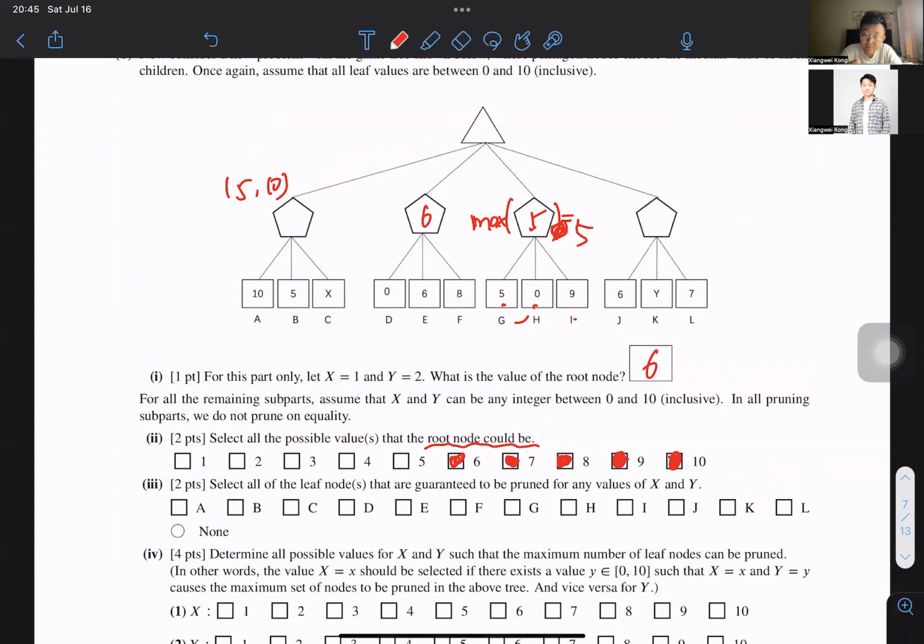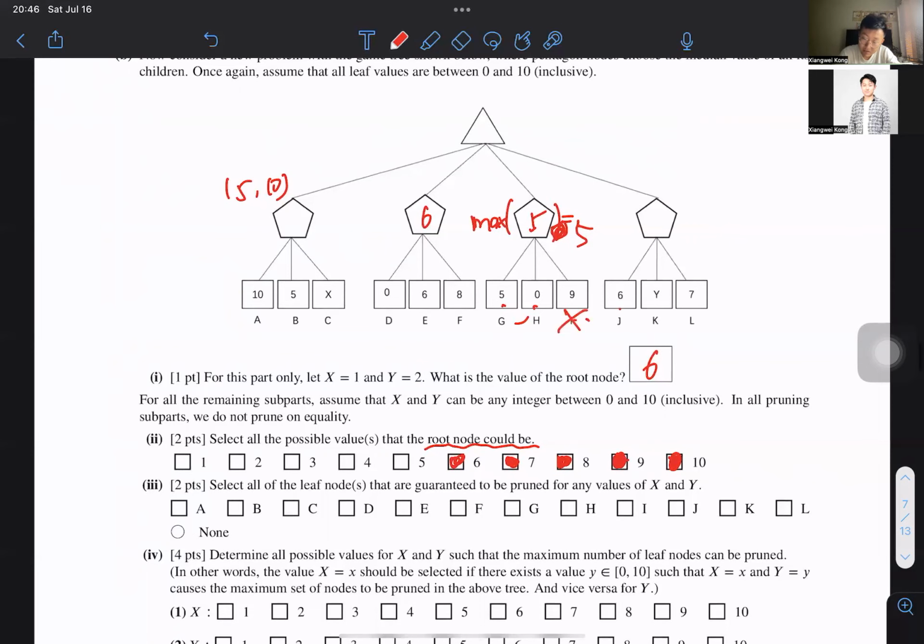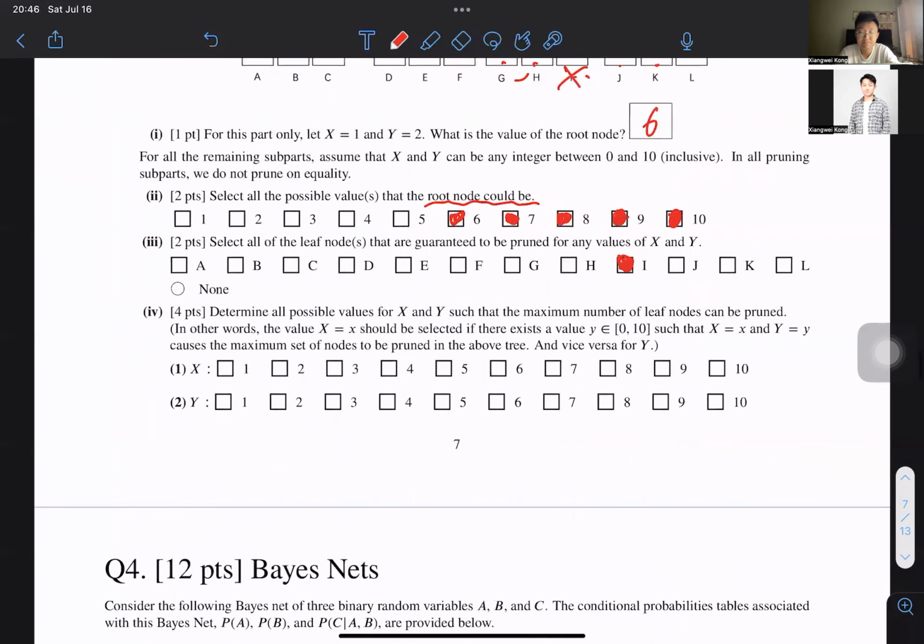And if I is from 6 to 10, then this node will not choose I, and it will also be 5. So the maximum value for this node is 5. That's why we can prune I here. And here we know 6, Y we don't know, and we cannot say anything about it. We don't prune anything here. So what we prune here is I.